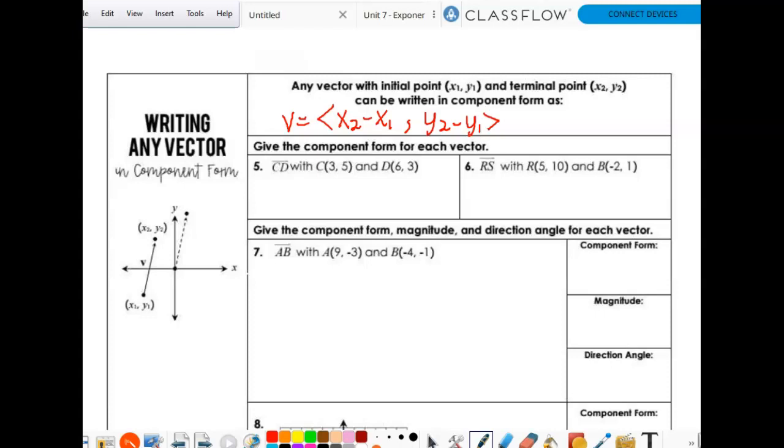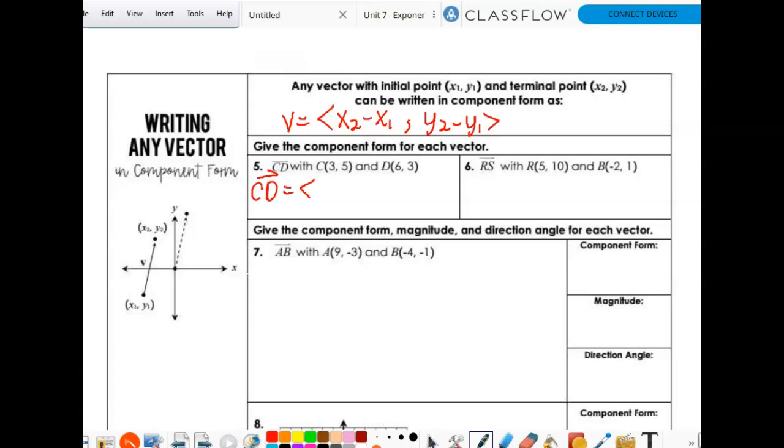So, and when we do this, we call it component form. Component form, magnitude, which is the square root, and then the theta, which is the inverse tangent. So if I want the component form for CD, we write it with the pointy brackets. I'm going to take x2 minus x1.